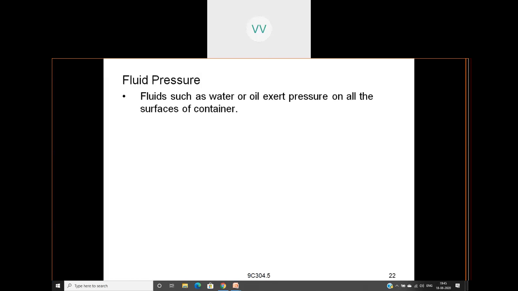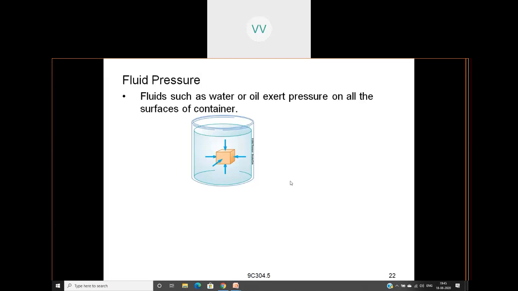Coming to the fluid pressure, fluids such as water and oil exert pressure on all surfaces of the container. Students, do you remember Pascal's law, in which we studied that a fluid particle exerts equal pressure in all directions? So top, bottom, side, everywhere you have pressure exerted.